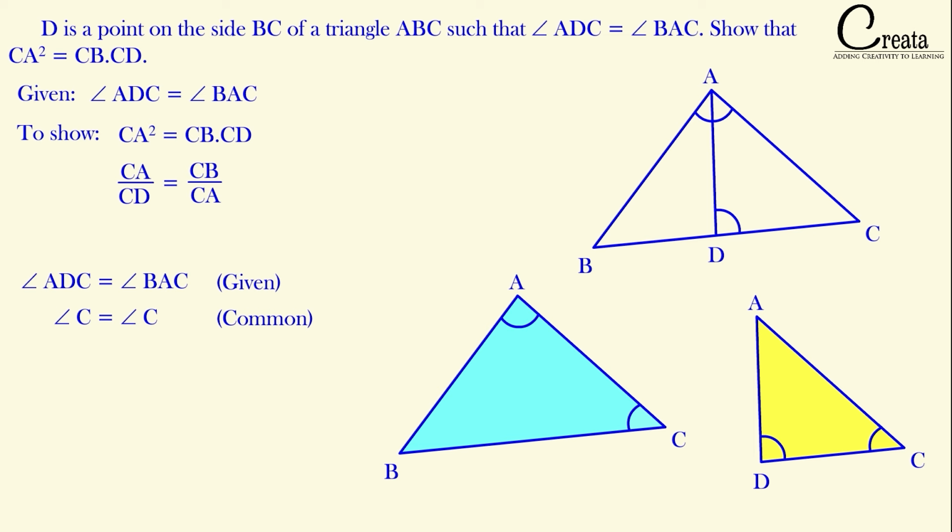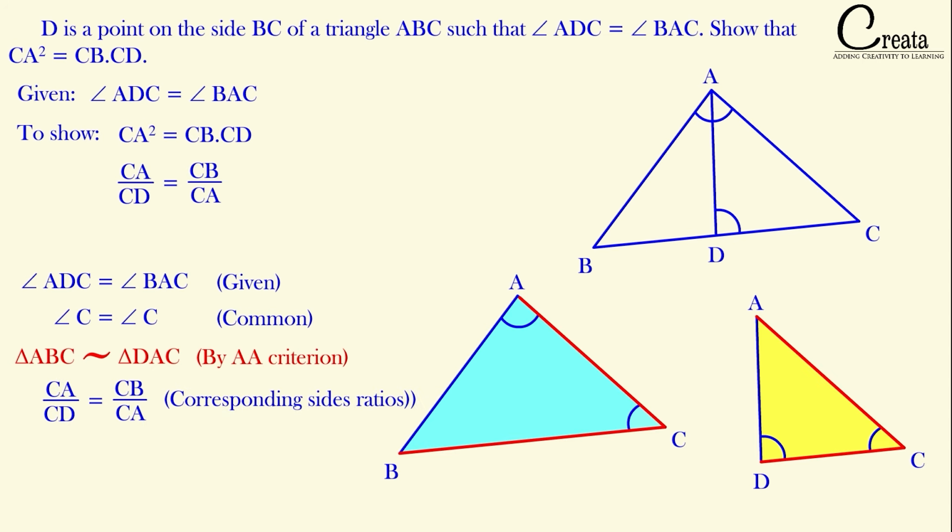So the two triangles are similar by angle-angle similarity criteria. And we know the ratio of the corresponding sides in two similar triangles are equal. So we get CA upon CD is equal to CB upon CA, which is basically CA square is equal to CB into CD. That is the answer to the question.